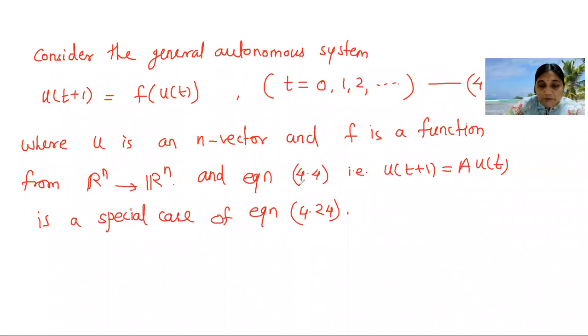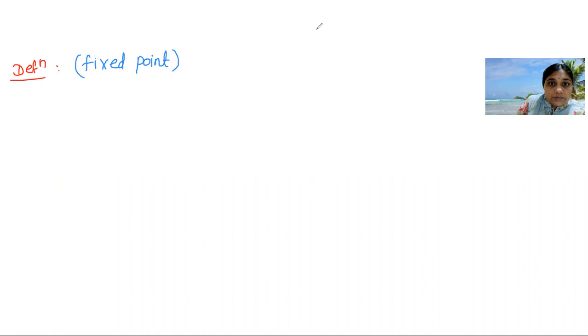Okay, so this 4.4 becomes a special case of the 4.24 equation. Now we define fixed point. How do we define it?